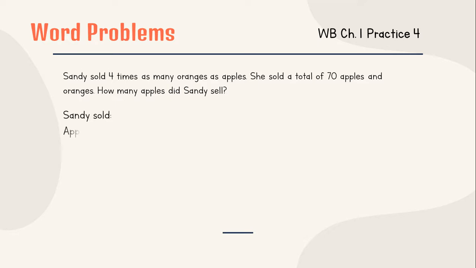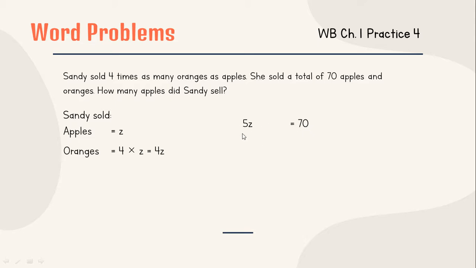I want to use Z for the apples, so for the oranges, 4Z. 4 times as many oranges as apples. She sold a total of 70. So 5Z. How do we know that 5Z? 4Z plus Z, 5Z. So 5Z equals 70.